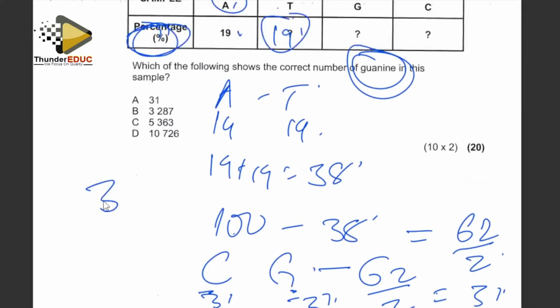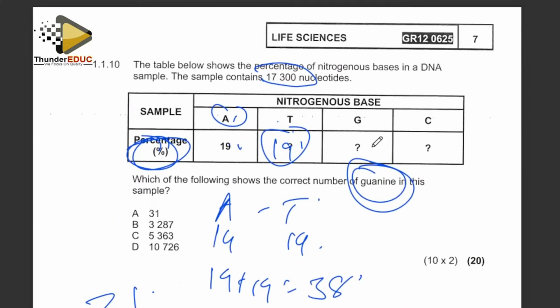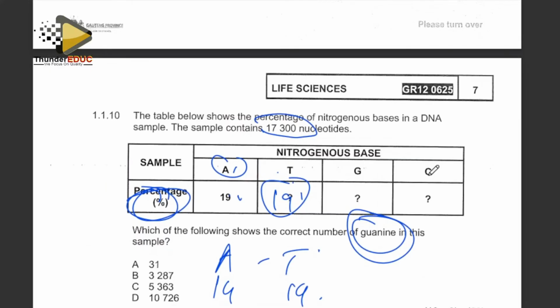If it is 31%, they're asking which one shows the correct guanine in the sample. We have sample A, it has 18%.